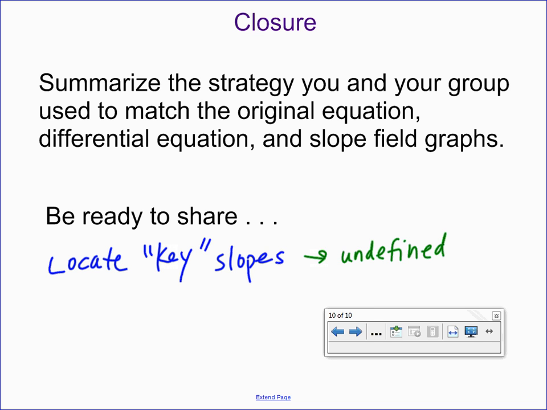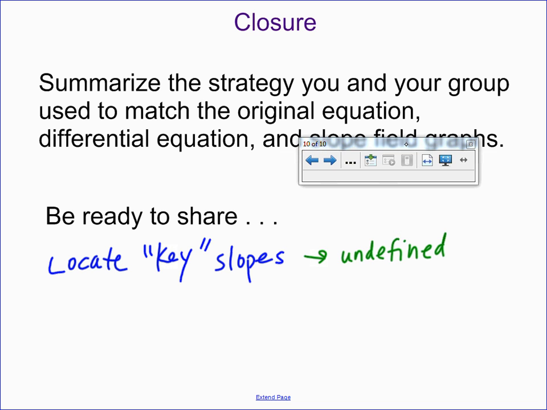All right, good, thanks. What's a different strategy? Riley: If you look at the differential equation, it only equals either x or y. Yep. If you look at the graph, it only changes with respect to that variable. Absolutely, some of the differential equations were solely dependent on either x's or y's, so you could look all the way across or all the way vertically and see the same slope.